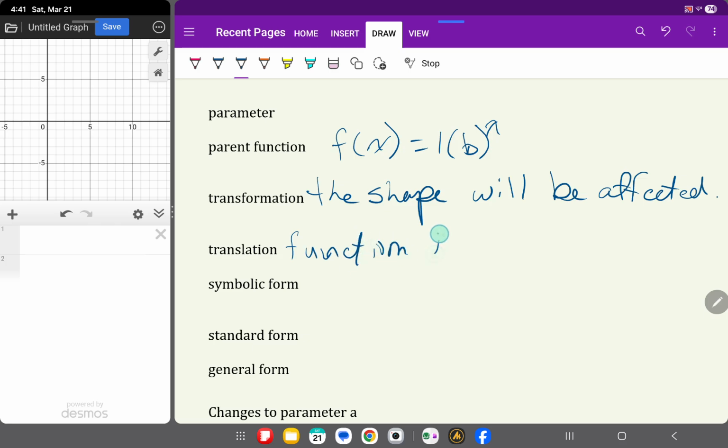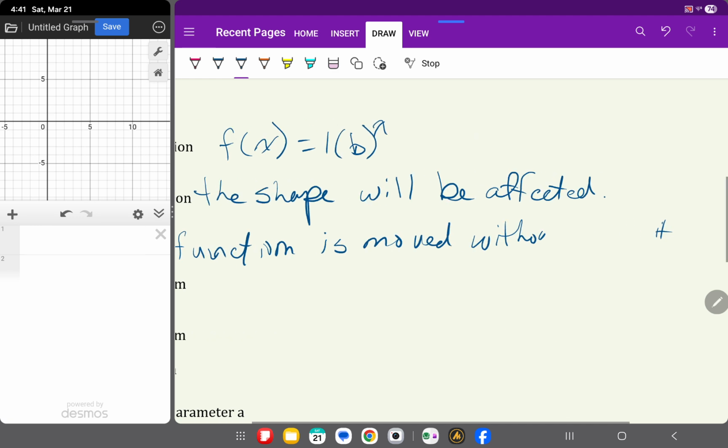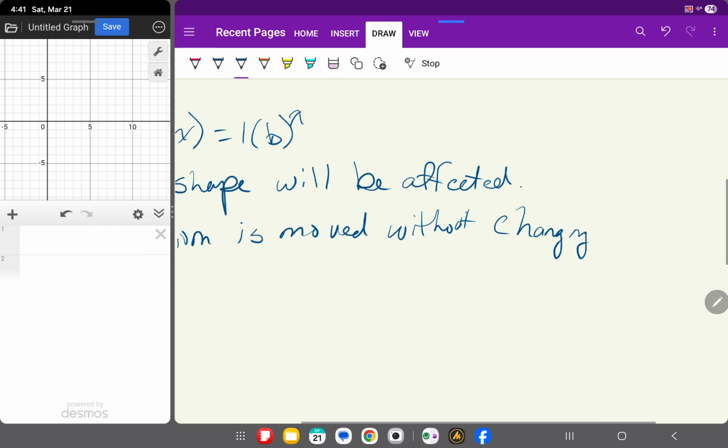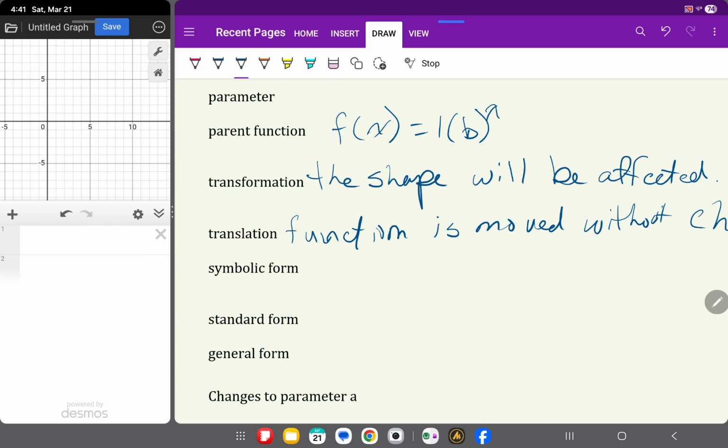The function is moved without changing the shape. And the next video that follows after this is that we will have transformations and translations together.